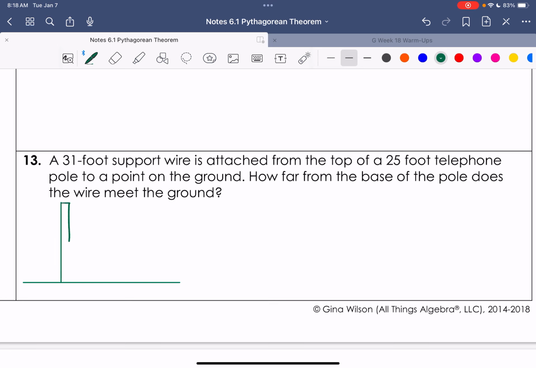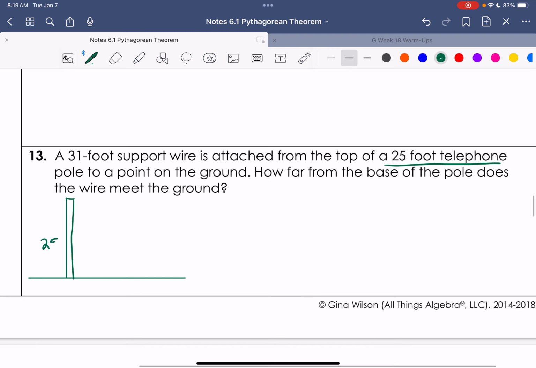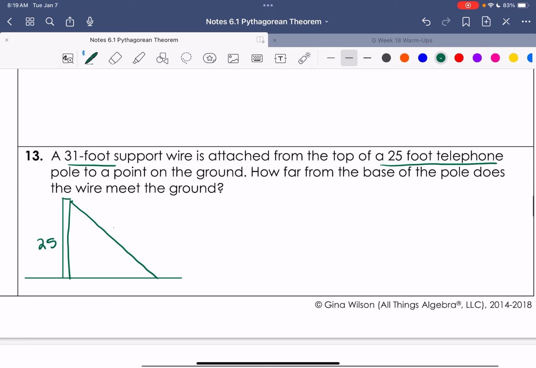So there's the telephone pole. The problem tells us that the telephone pole is 25 foot. Okay, at the beginning it said there's a 31-foot support wire. So that means that there's like a wire attached to the top going towards the ground. So that's the wire. And they're saying that that wire is 31 feet.